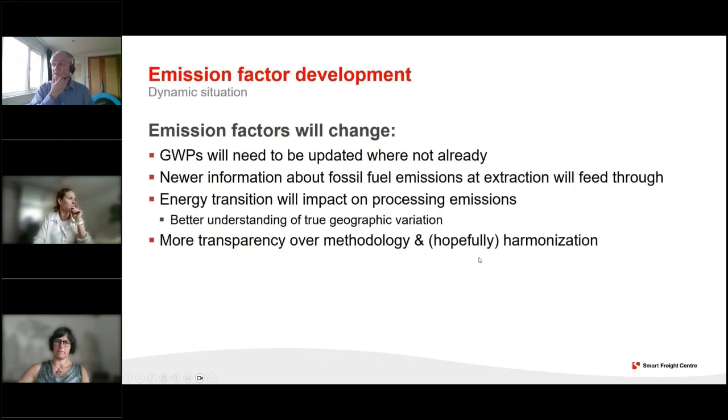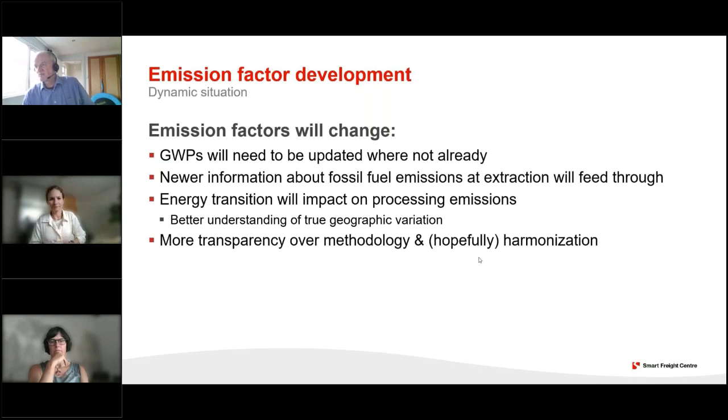And I think one thing is that emission factors are dynamic. There's still new knowledge coming through. The IPCC recently released a new set of global warming potentials in their sixth assessment report, which means that emission factors that contain methane, nitrous oxide, etc., need to have their impact updated.